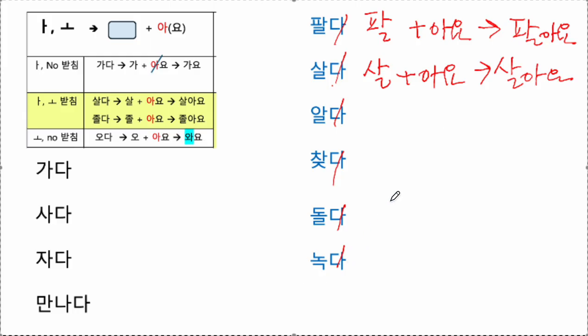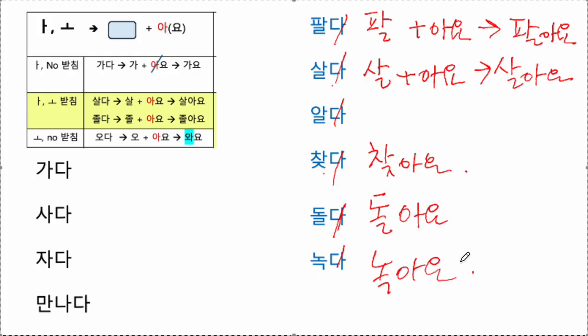Here too. Without me writing, I want you to say 알 plus 아요, 알아요. 찾 plus 아요, 찾아요. Same thing with 오. If it's 오 but has a 받침, 돌 means turn, 돌 plus 아요. You just add. 높 plus 아요. Got it?